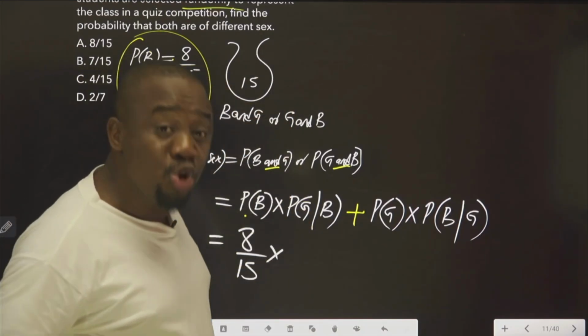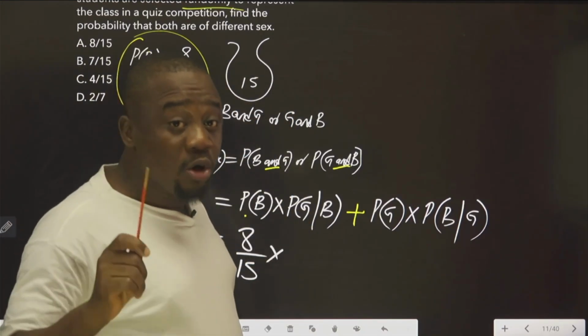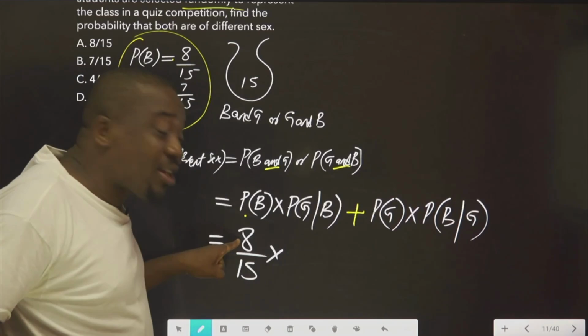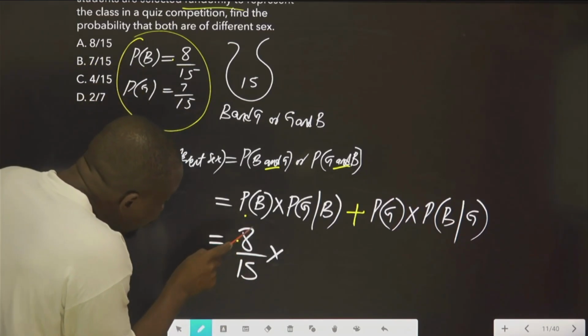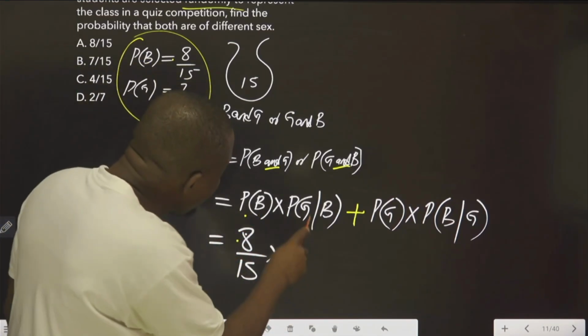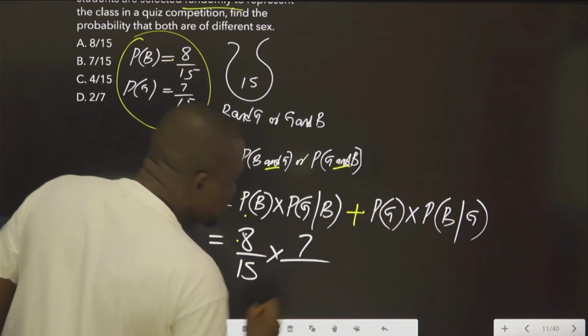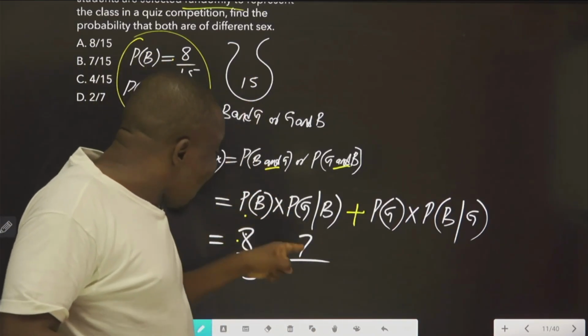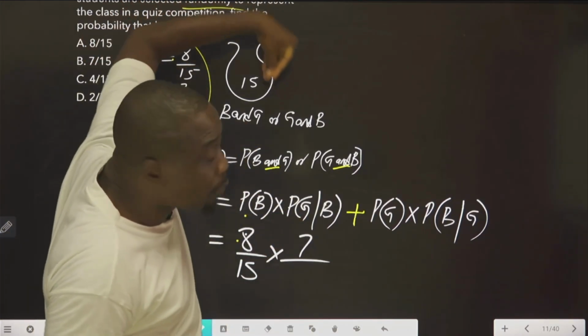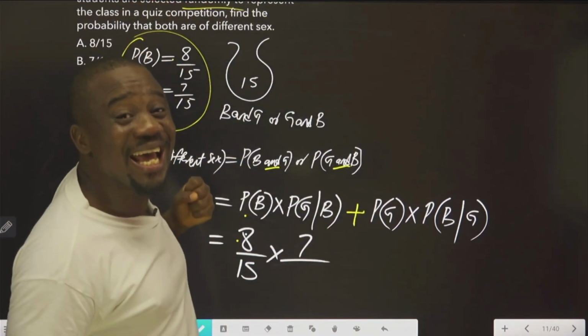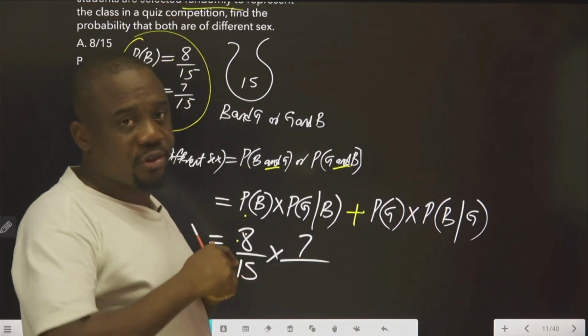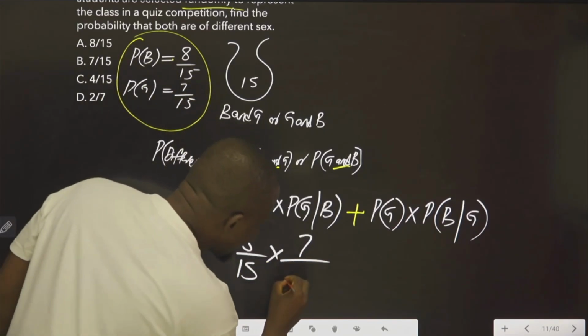The total has been reduced by 1. But remember, I brought out a boy. That's why I'm considering the total of boys. Now that I'm bringing out a girl, I will put 7. But remember, the total has now reduced, because at the time I'm putting hand to bring out a girl, the total has already reduced. So it means therefore this will be 14.